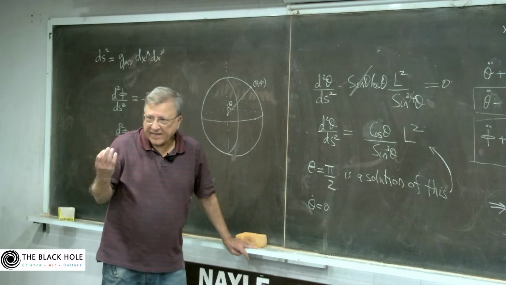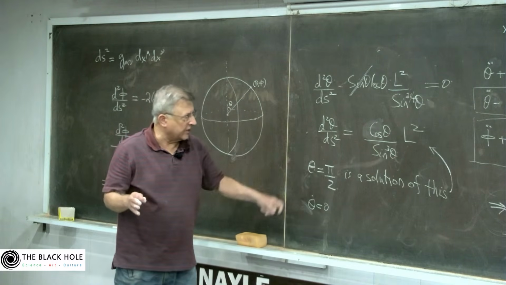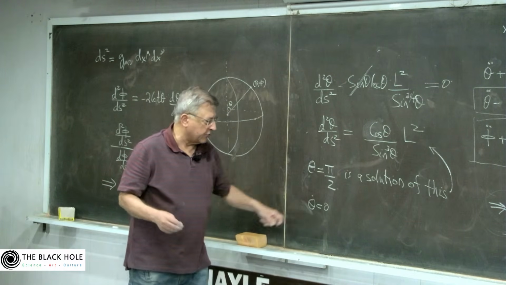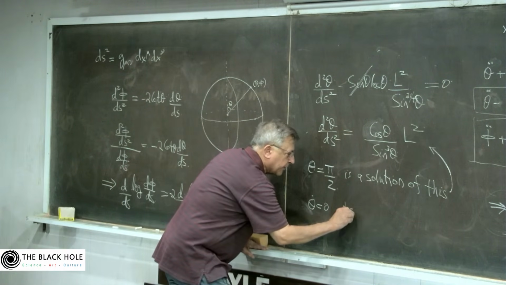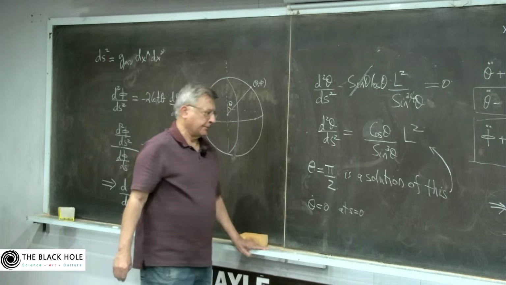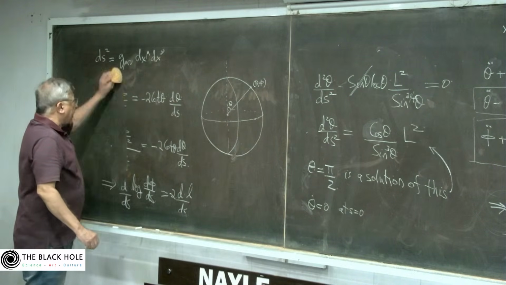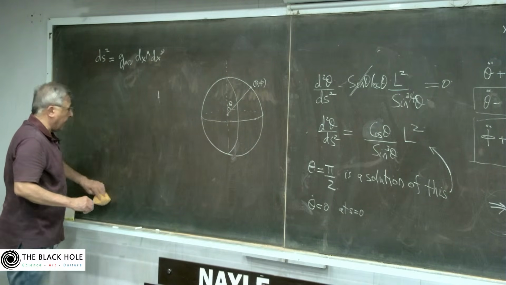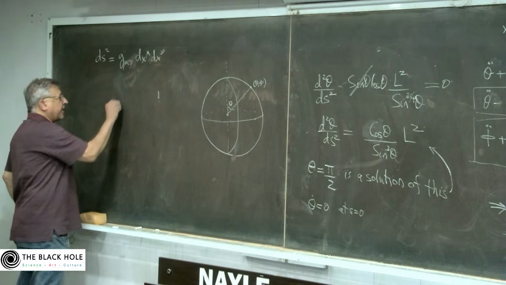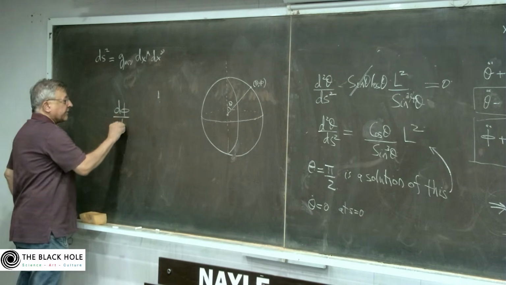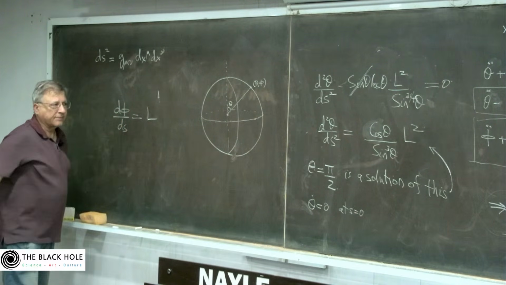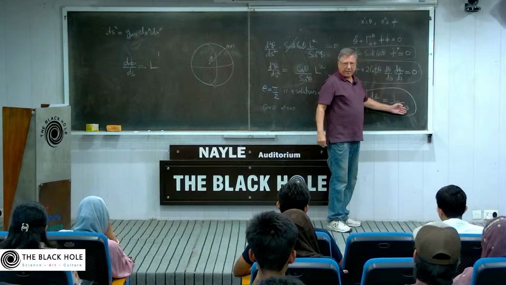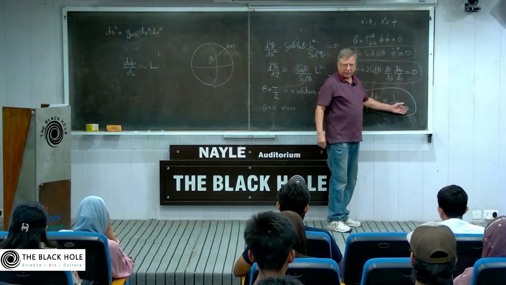I am making a very small claim that this solves this, subject to the condition that theta dot is equal to 0 at s equal to 0. Now we worry about the other equation, and what do we get over there? d phi by ds is equal to L, because theta is equal to pi by 2, sine squared pi by 2 is 1.